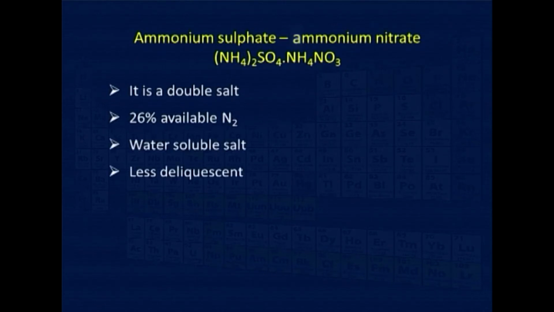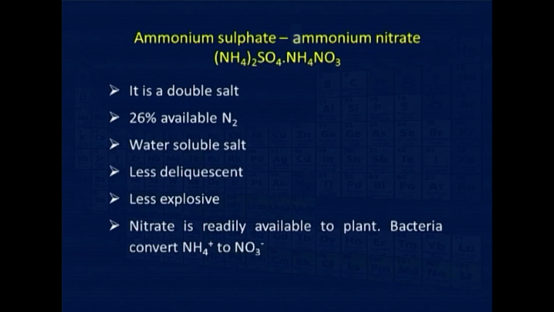It is water soluble, less deliquescent, less explosive, and nitrate is readily available because you have one nitrate anion, you have ammonium. So, you are depending upon the bacteria as well as you have free nitrate. It is one of the win-win kinds of fertilizer where you get a property from the nitrate as well as from the ammonium, and this is one of the standard fertilizers used in the sugarcane industry.